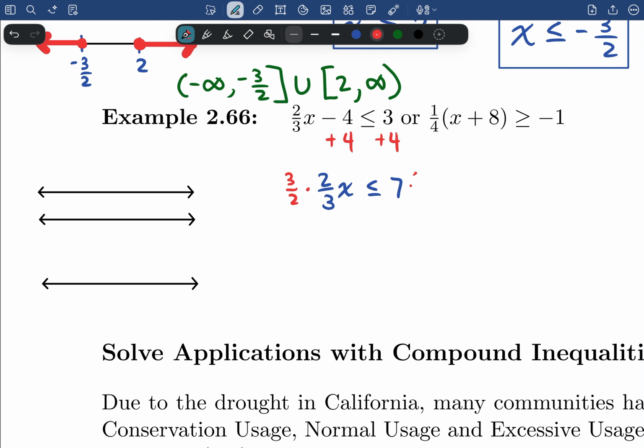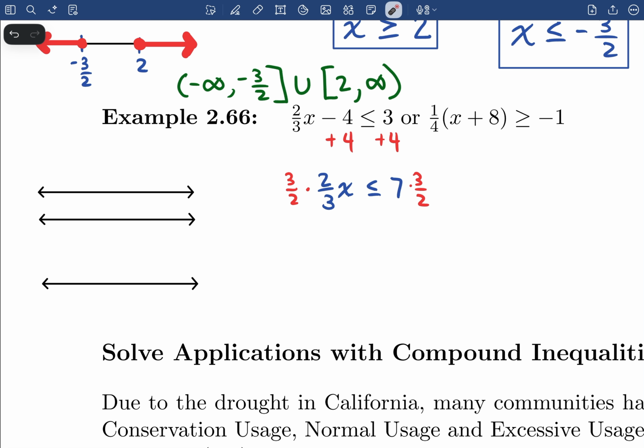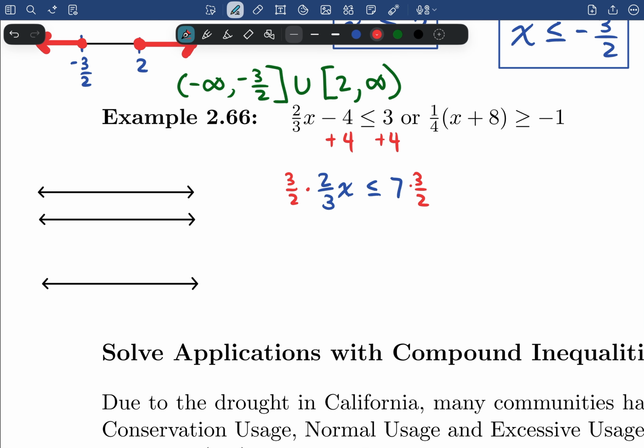which is 3/2. So whenever I divide by a fraction, I remember, hey, it's easier to just multiply by the reciprocal. Because reciprocals, when they multiply together, they cancel, right? This 3 cancels this 3, this 2 cancels this 2. It results in just 1. And so I have 1x.